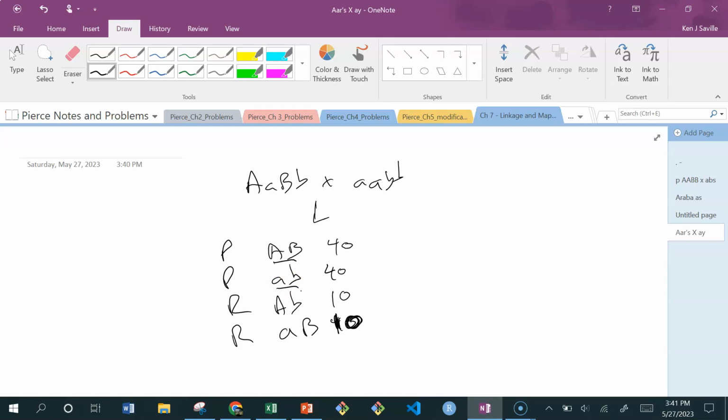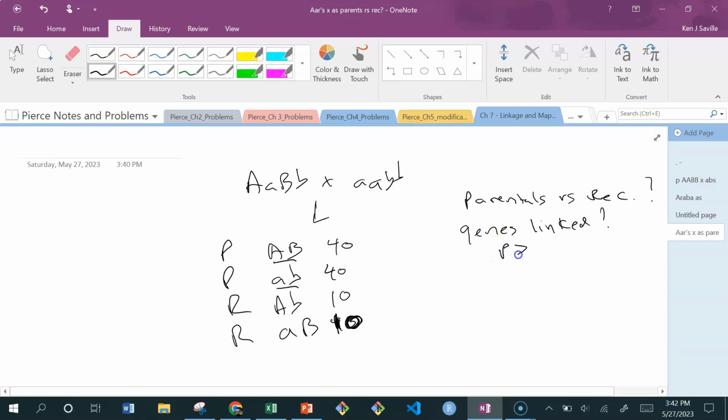So the next thing we want to do is calculate what we call... the first question is, which are the parentals and which are the recombinants? And so first you have to identify those. Then, are the genes linked? In this case, yes.